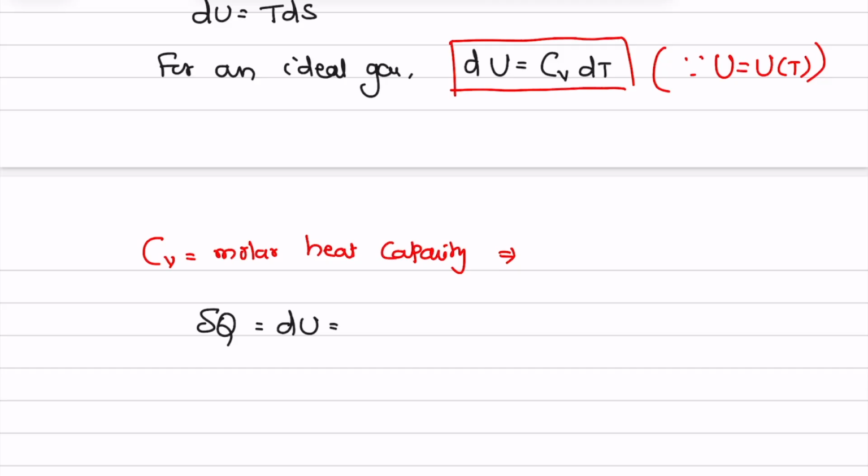If N is the number of moles, and Cv is the molar heat capacity per mole, dU is N into Cv into dT for N moles. That means for the isochoric process, because of the internal energy change, there is no mechanical work done. Heat is added.